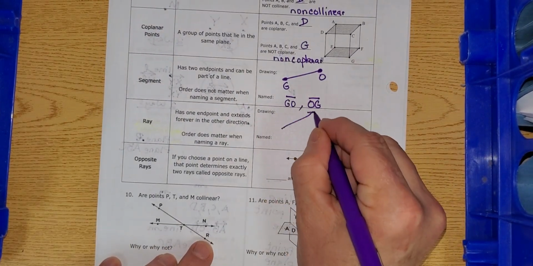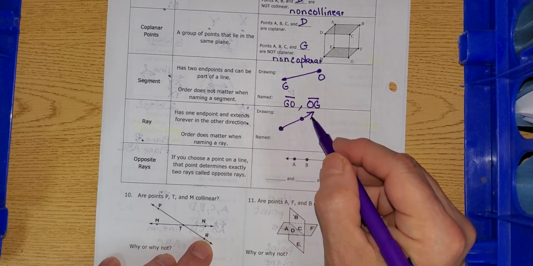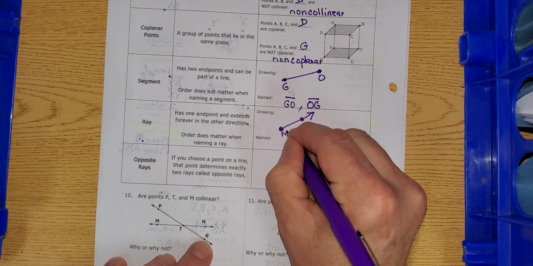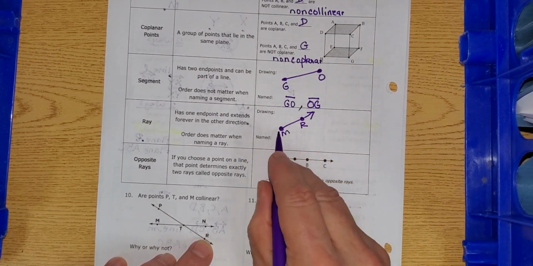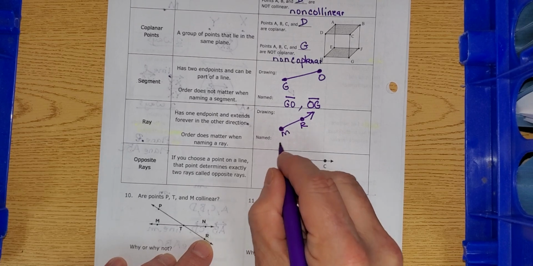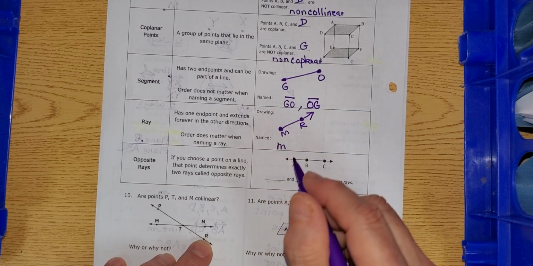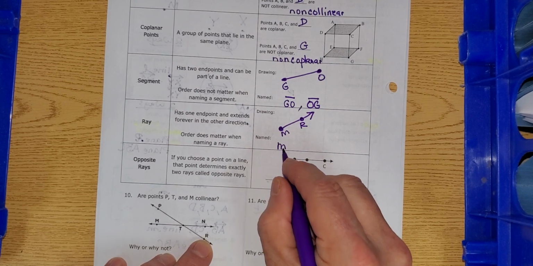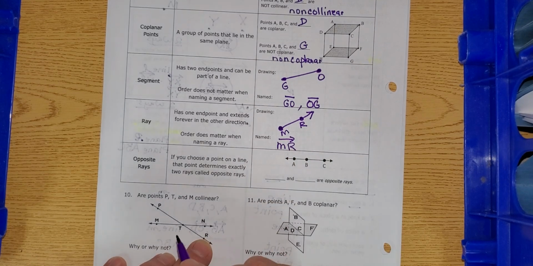A ray starts from somewhere and then shoots off in another direction, so they add a point. Like if this was Mr., whatever, we would name this one, which always goes first, no matter which way this is pointing. The one where it originates is where you start and put first, and then you put the second one, and then the arrow always goes to the right.